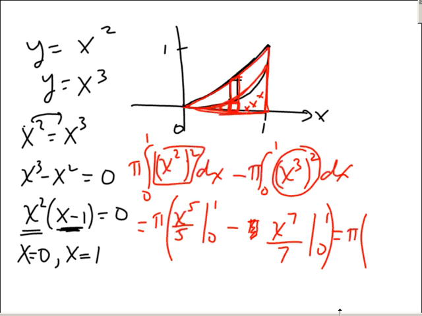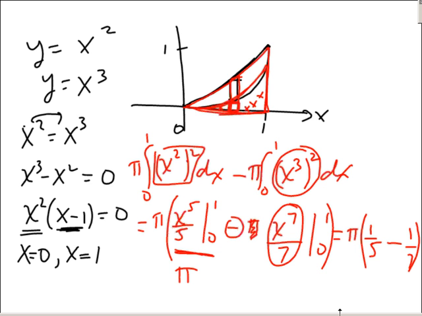You can factor out pi, and when you plug in 1 and 0, you'll just get 1/5 in that case, minus, and when you plug in 1 and 0 here, you just get 1/7. It's a matter of calculating 1/5 minus 1/7.